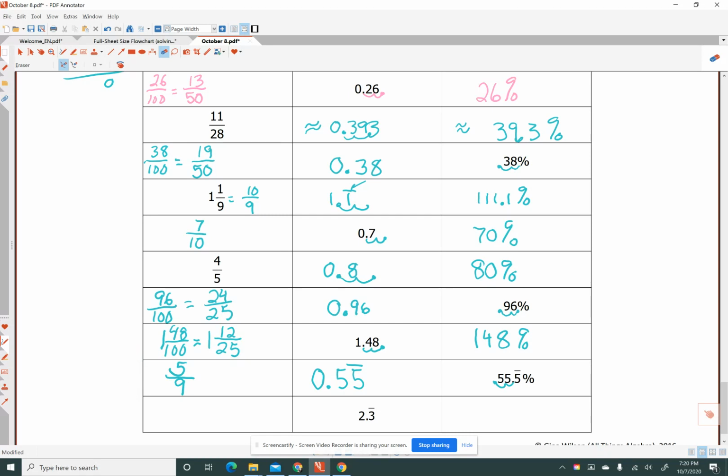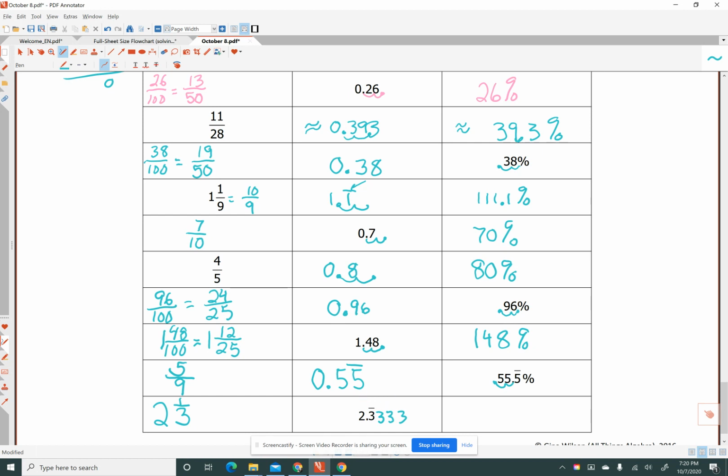And finally, we have another repeater, 2 3/10, which we will write 2 1/3, because this isn't actually 3/10. This is 2.333.